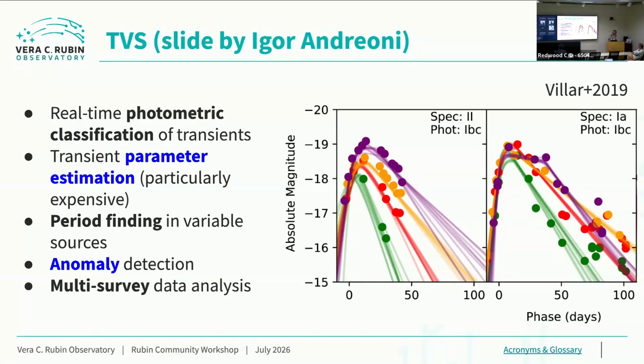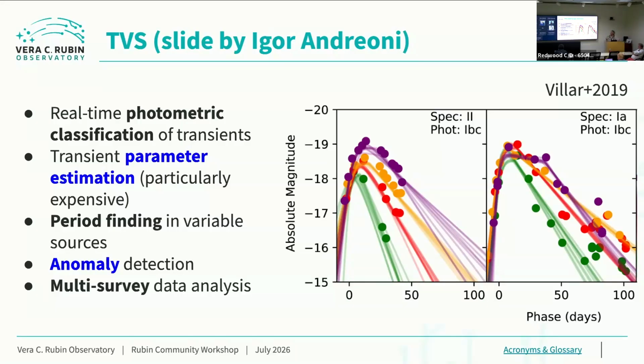Related to this, for variable stars, period computation is computationally expensive. And with these light curves, you can also find things that are strange, anomalies in the transient and variable sky. Sometimes this depends on being able to pull in data from other surveys other than Rubin for context, including images.